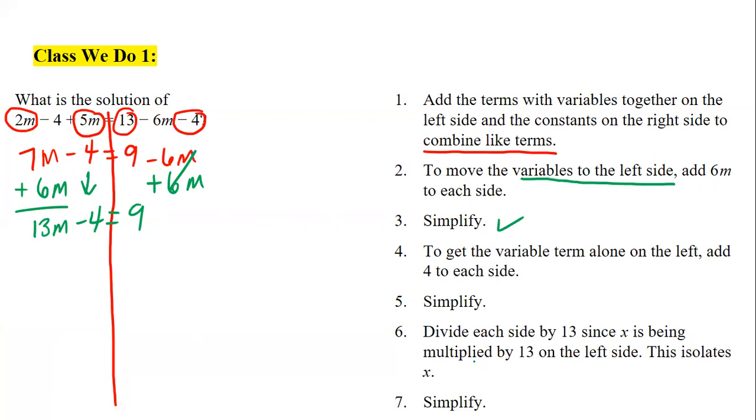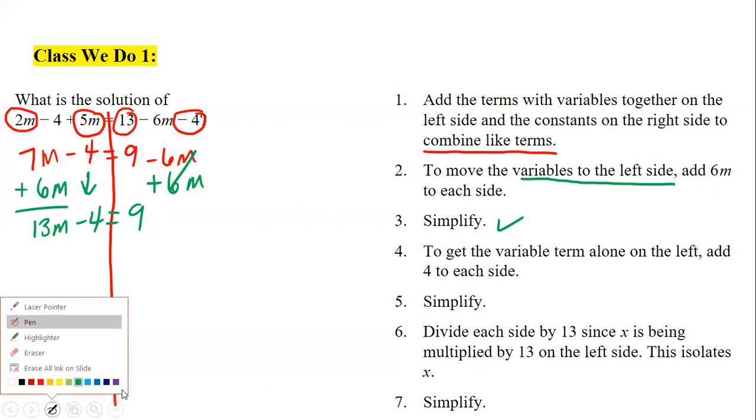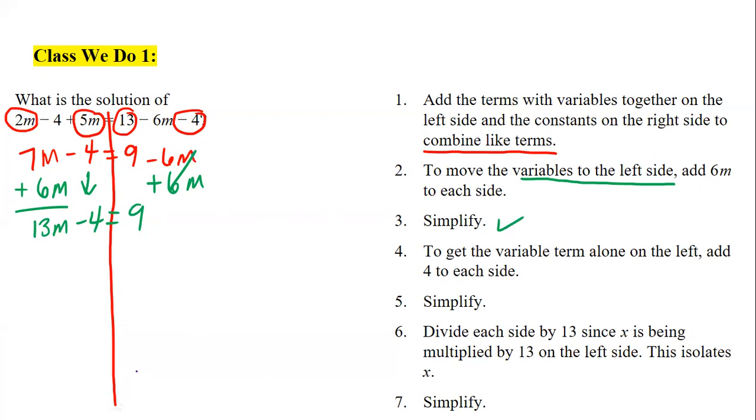What's step 4 tell me to do? To get the variable term alone, right? So does this not look like our do now problem basically now? We are now basically back down to a 2-stepper. So in order to get this by itself, what do I need to do? I'm going to add 4.